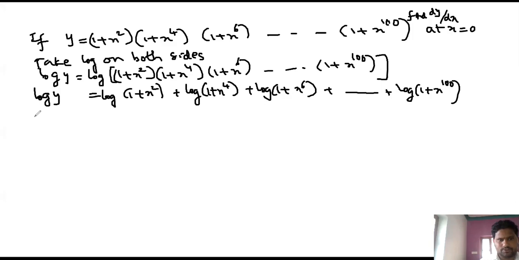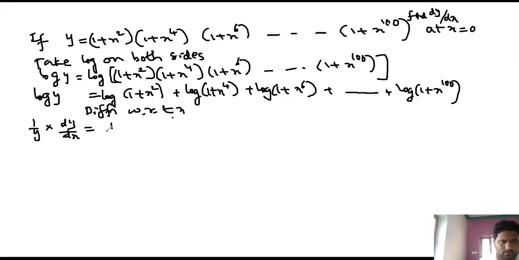So now we differentiate this with respect to x. The derivative of log y with respect to x is 1 by y into dy by dx, equal to the derivative of log of 1 plus x squared.